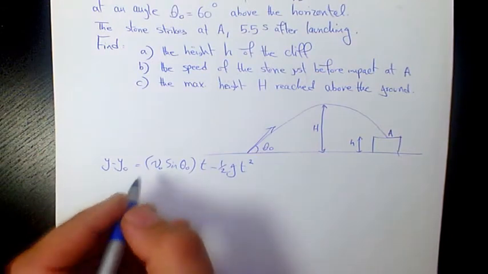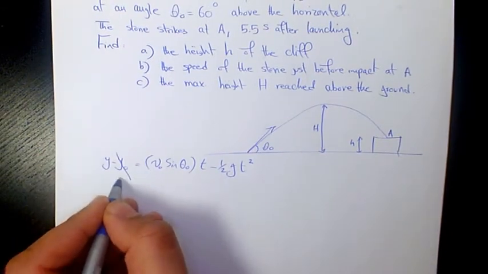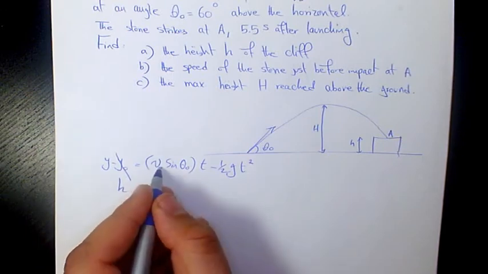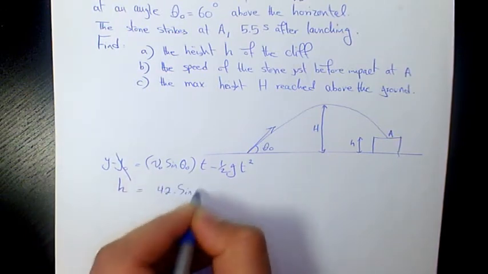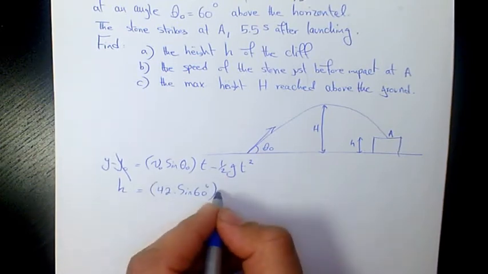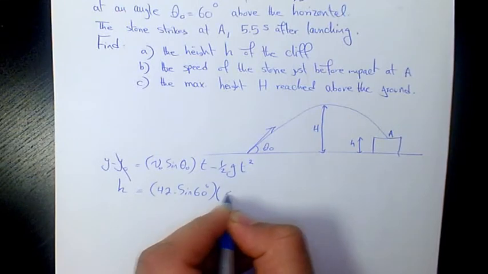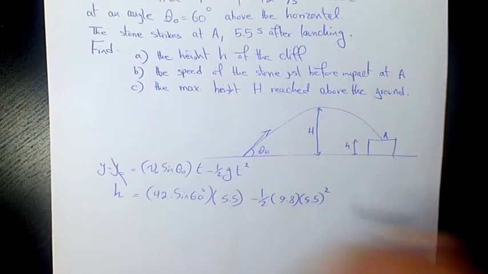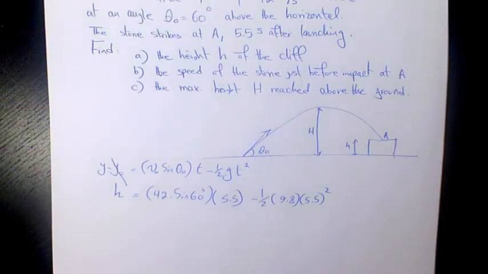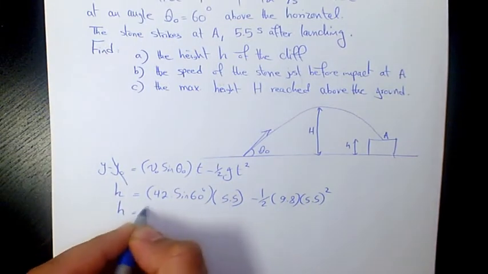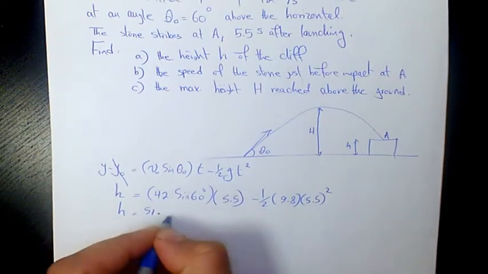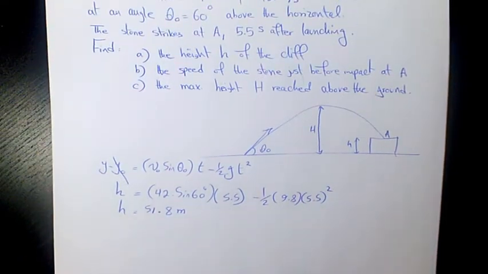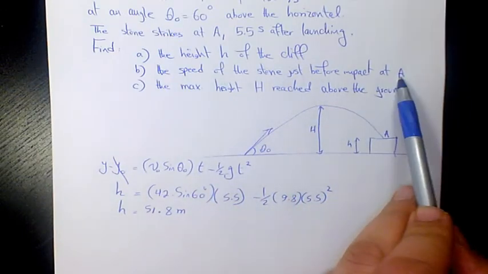When we solve it, this part is 0, so the height is v naught, which is 42 times sine 60, times t, which is 5.5, minus 1 over 2 times 9.8 times 5.5 to the power of 2. That makes h 51.8 meters.